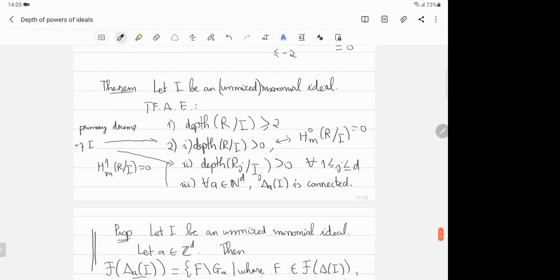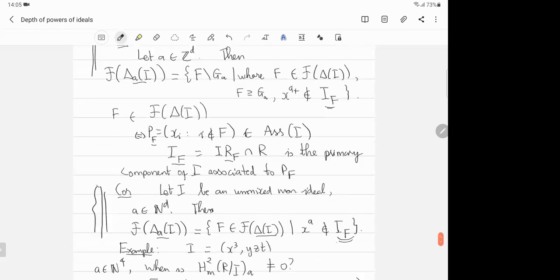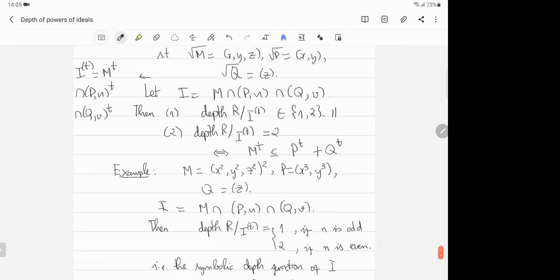for monomial ideals with depth at least 2. In fact, for our ideal I_t, you can check easily that the first 2 conditions are satisfied trivially. So the only relevant condition is the third condition on the connectedness of the degree complex, and that you can translate to this condition.